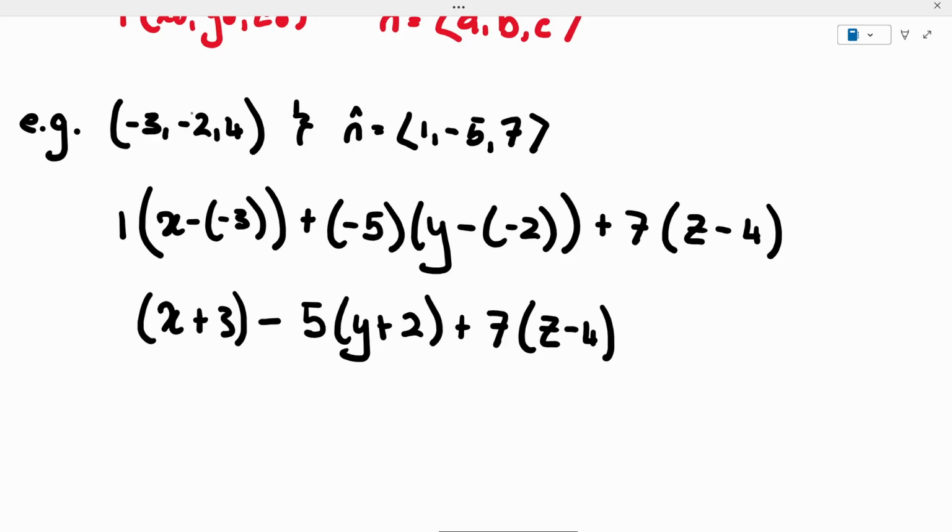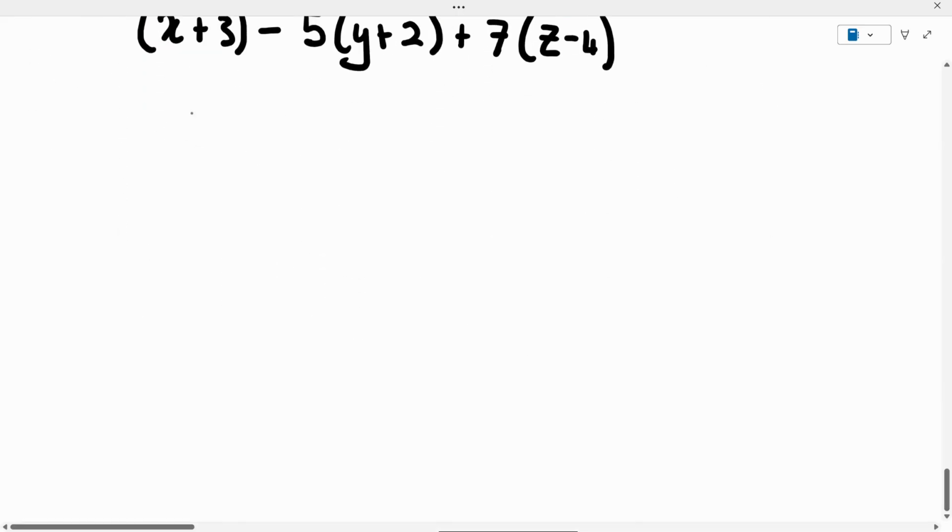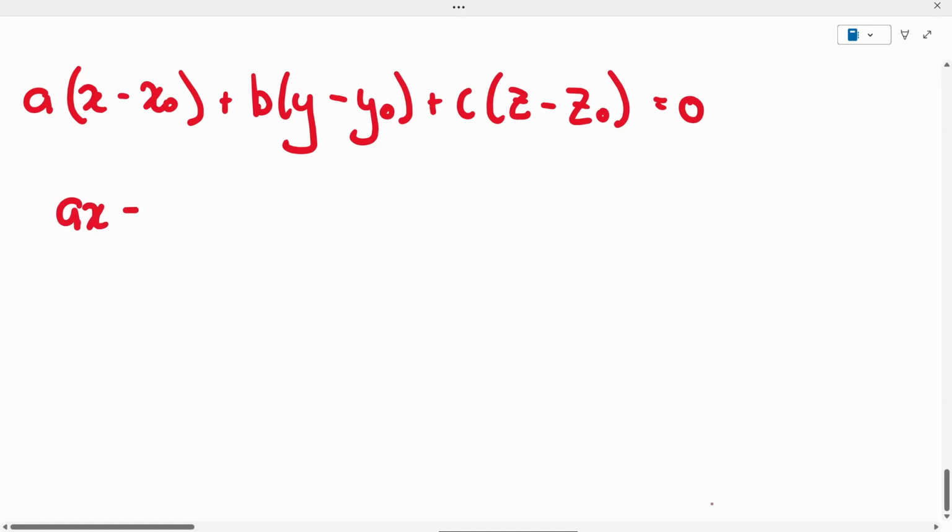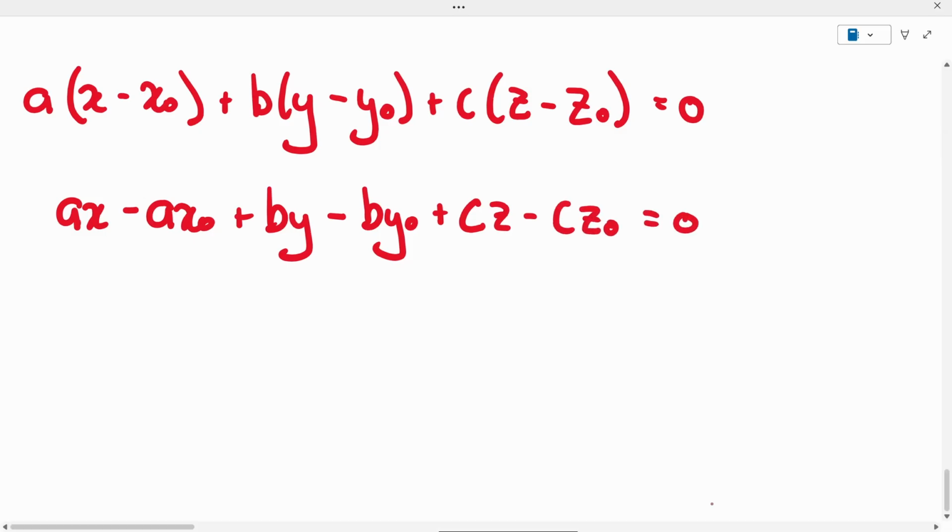So we could take that point normal equation and perform some algebra on it to get a different form of the equation. The point normal equation is a(x minus x0) plus b(y minus y0) plus c(z minus z0) equals 0. If we expand this, we have ax minus ax0 plus by minus by0 plus cz minus cz0 equals 0.